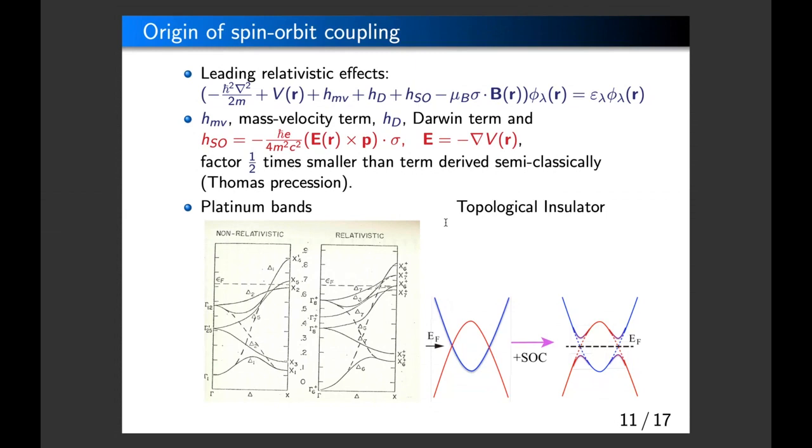And these days, these effects are attracting a lot of interest in the world of topological insulators, where you have some fortuitous degeneracy, and then spin-orbit coupling comes along and breaks that degeneracy and opens up a gap. So that's one key feature.